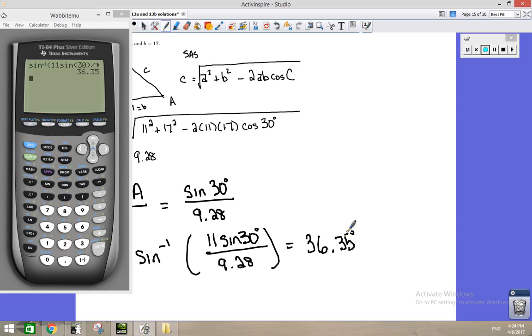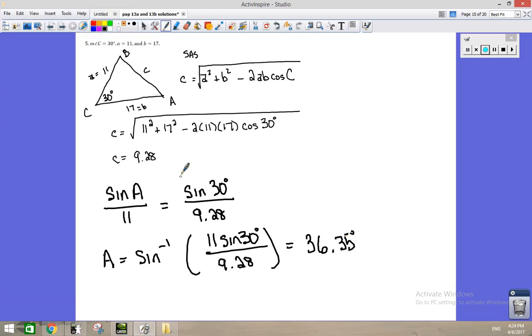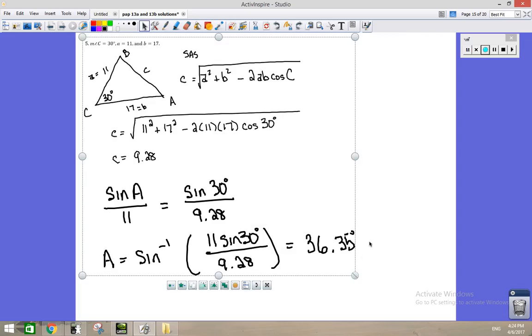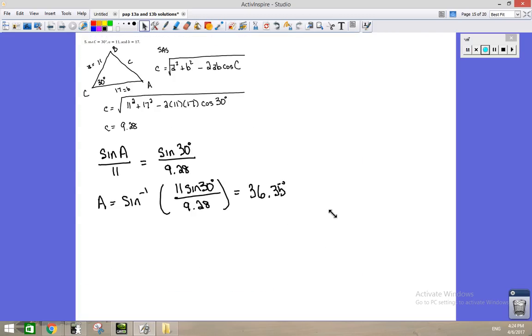Now that I know two of the three angles, I can use my triangle angle sum theorem that says the angles inside any triangle must add up to 180. So I can find the measure of angle B by saying, if the total is 180 and I take away the measure of angle C and I take away the measure of angle A, what I have left is the measure of angle B.